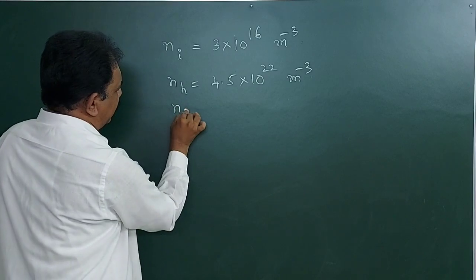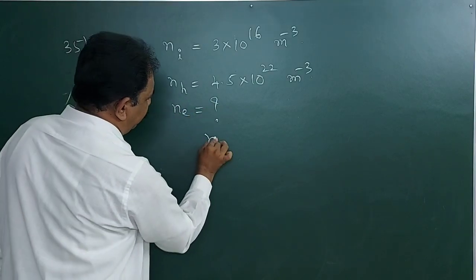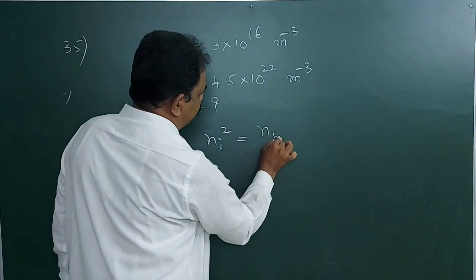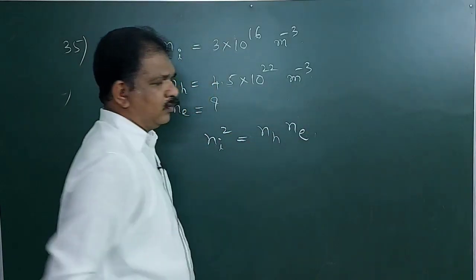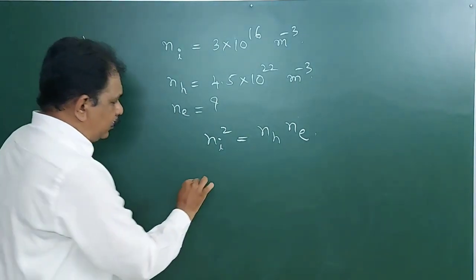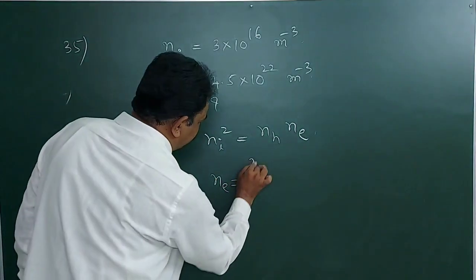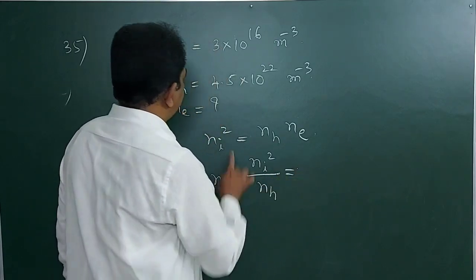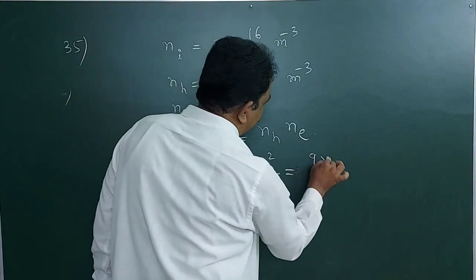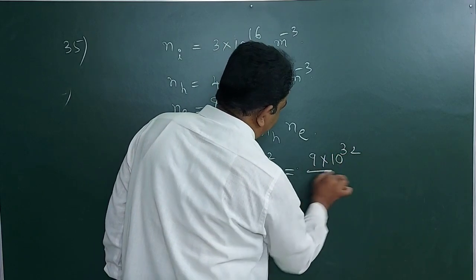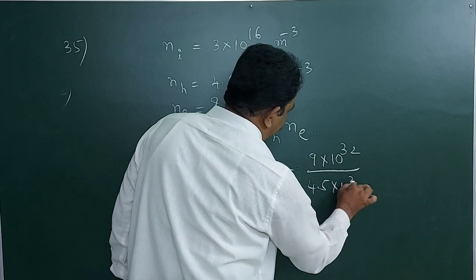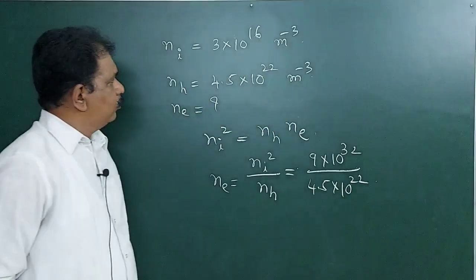What is the electron density? Here the formula is Ni square is equal to Nh into Ne. So Ne is equal to Ni square by Nh. Ni square means 9 into 10 power 32, divided by 4.5 into 10 power 22.